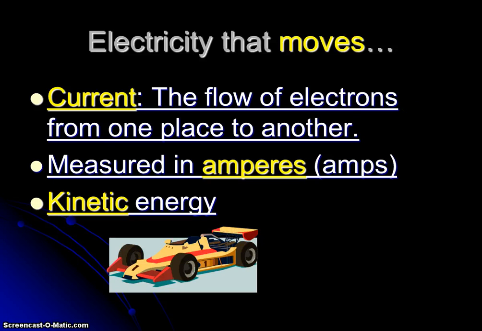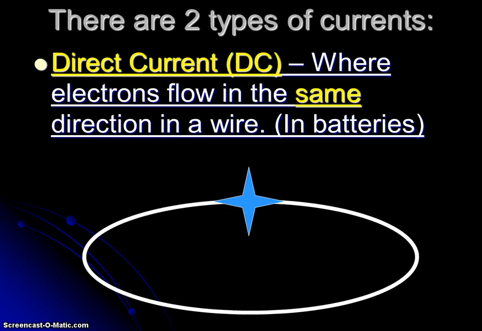And once again, since it is moving, obviously, it is a kind of kinetic energy. Now we talk about two types of current: direct current, or DC, where the electrons flow in only one direction. We find direct current in our batteries.